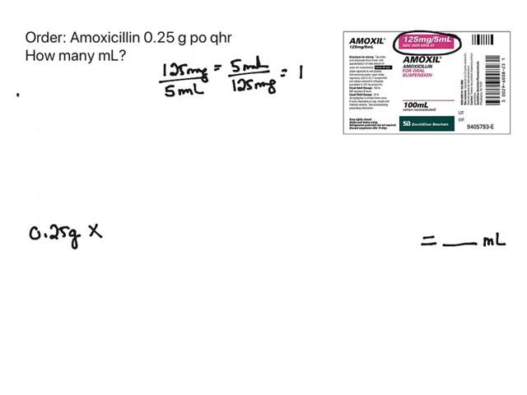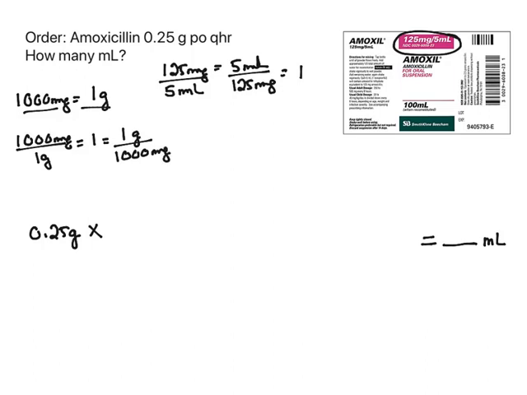So we should know that 1,000 milligrams is equal to 1 gram. So because these are equal values, I can say that 1,000 milligrams over 1 gram, that's the value over itself, is equal to 1, and I can flip it the other way. This is exactly what I did up here. 1 gram over 1,000 milligrams is equal to 1.